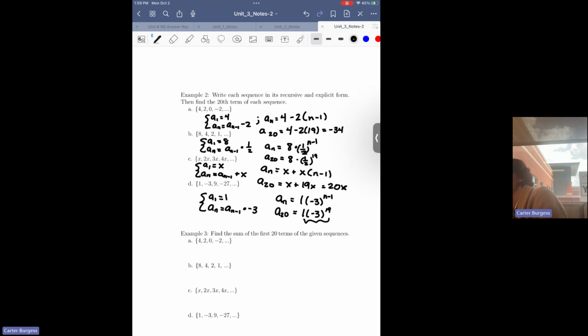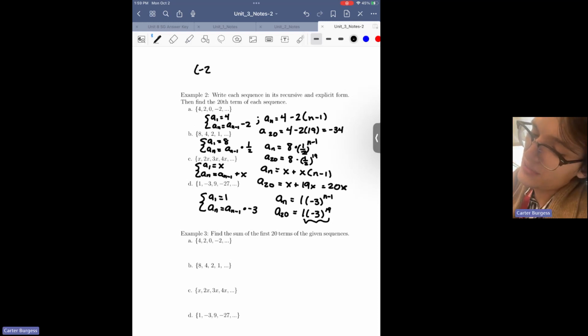What are we not allowed to have as a base? It's really one of the only restrictions from 3.1. Yeah, we couldn't have negative bases. Does anyone remember why we weren't allowed to have a negative base? What was the issue with negative 2 to the power of x?